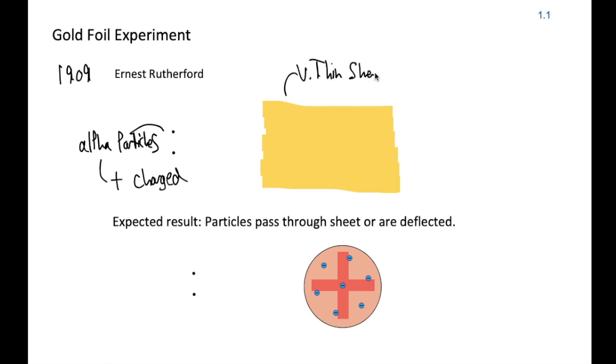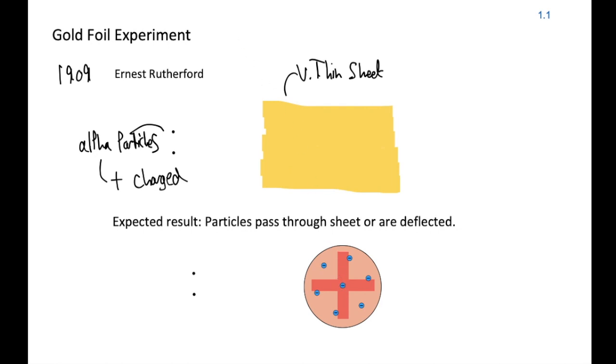And the idea behind why this sheet was so thin was that the alpha particles could interact with only a small number of layers of these atoms, which everyone thought looked like this at the time. And the way that these alpha particles interacted with the atoms would tell Rutherford a lot about the structure of the atom and actually how accurate this plum pudding model is.